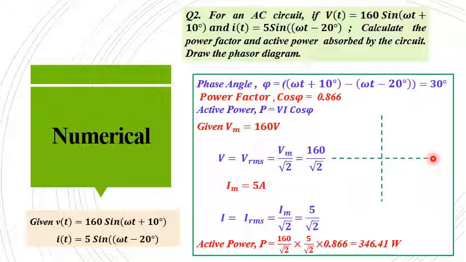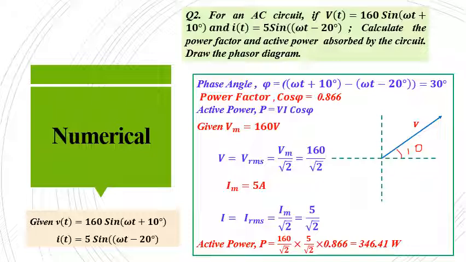But it is 160 sin omega t plus 10 degree, so it will be rotated 10 degrees in the anti-clockwise direction, and now the phasor will be like this, where this angle is 10.